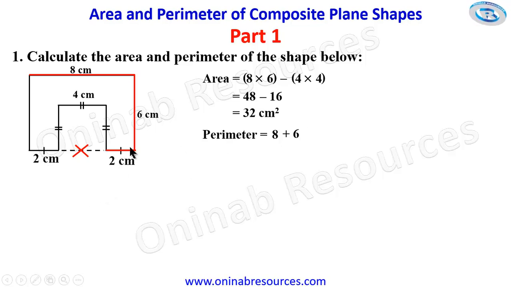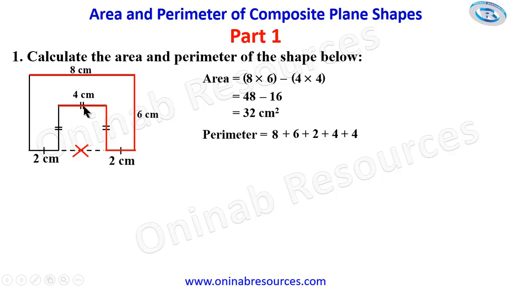So what we'll do now is add these 2 to it. We've added 3 sides so far, 8, 6, and 2. Then this side going up is 4 centimeters. This is a square of sides 4 centimeters. So we add 4. From here to this place again is 4.